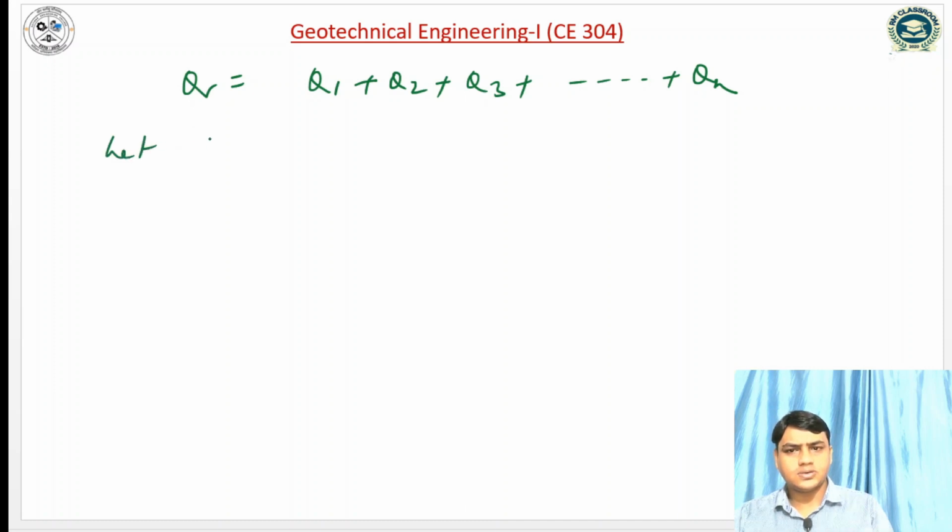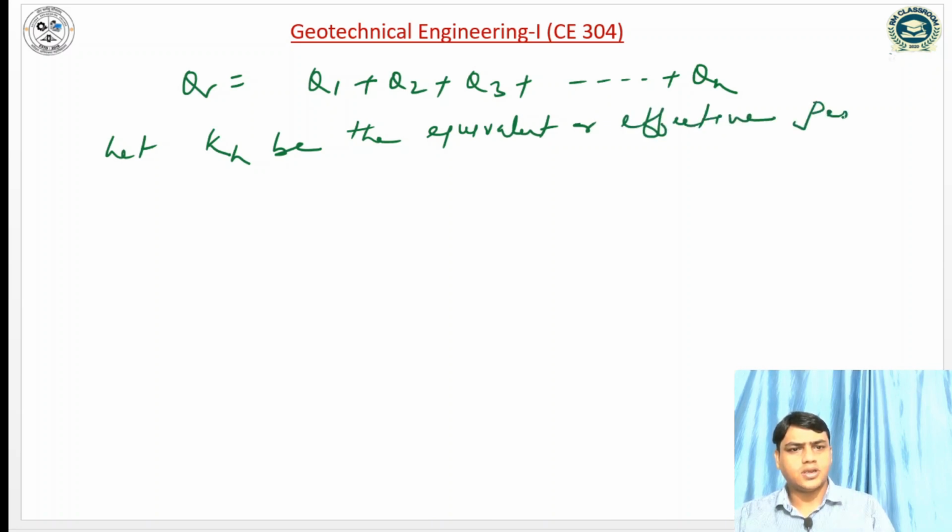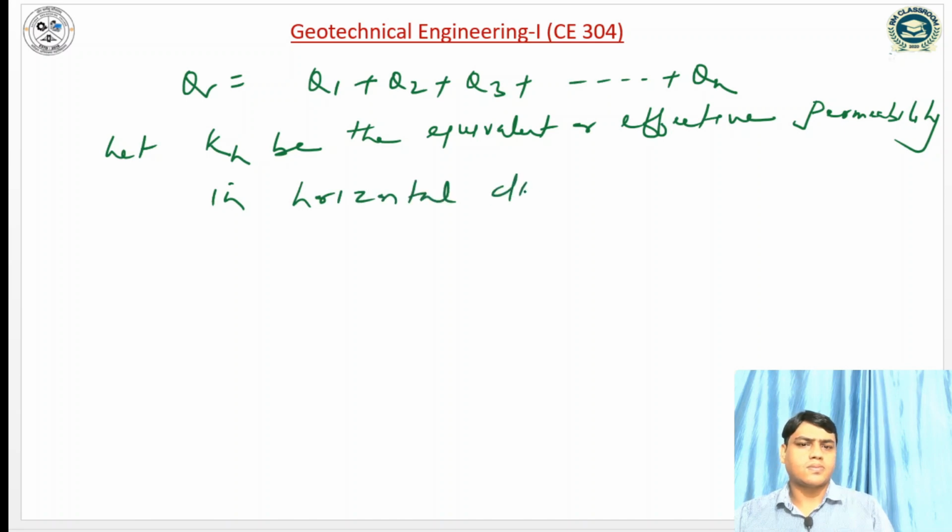So let Kh be the equivalent or effective permeability in horizontal direction. So according to Darcy's law, Q is equal to Kia.